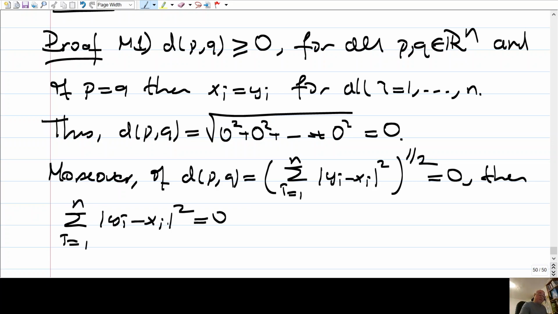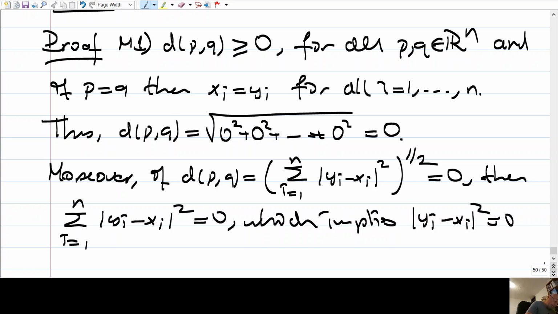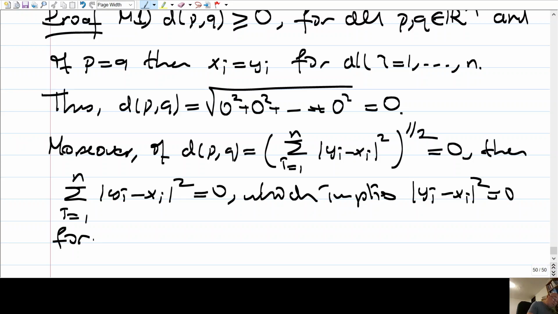But all of these are non-negative numbers because they are squares of something. And this sum is 0 only if each one is 0, right? Because none of them is negative. They are all non-negative and the sum is 0, which implies xi minus yi squared is 0 for all i from 1 up to n.